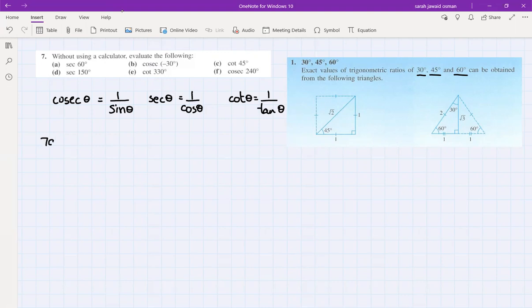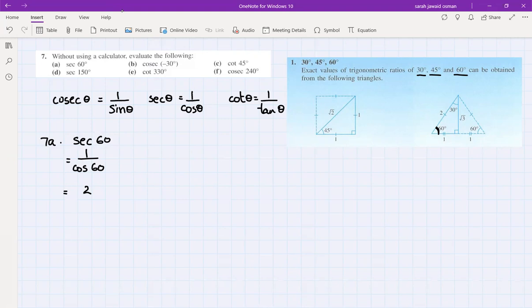To find out sec 60, we simply need to write this first as our basic trig function, which is 1 over cos 60. We know from this picture here that cos of 60 is adjacent upon hypotenuse. Cos 60 is 1 over 2, as you can see from the picture there. So if cos 60 is 1 over 2, the reciprocal is going to be 2 over 1, which is 2.